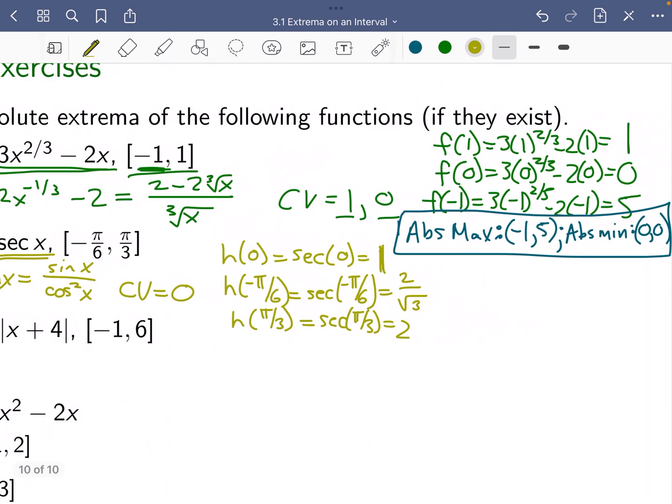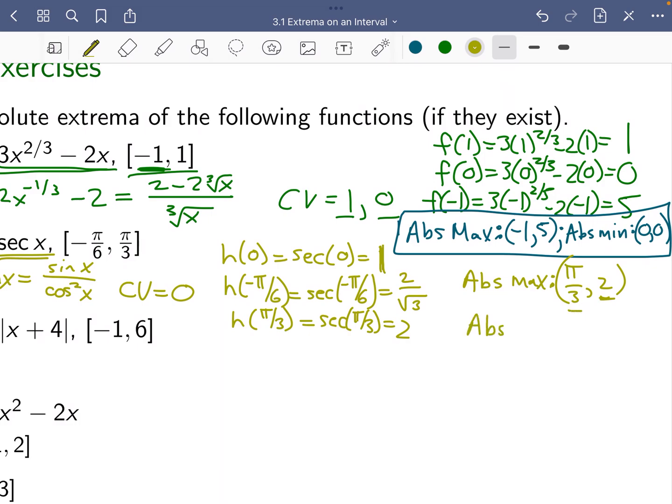And so our absolute maximum is pi over 3, comma 2. Right? So it is 2, and it occurs at pi over 3.